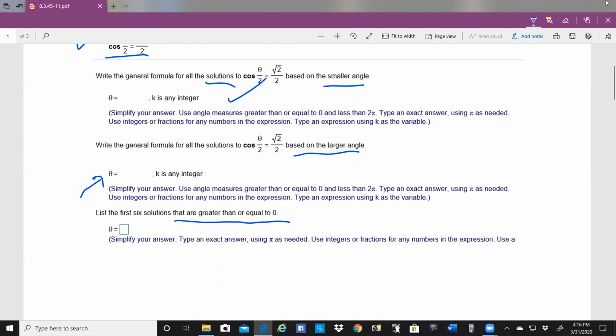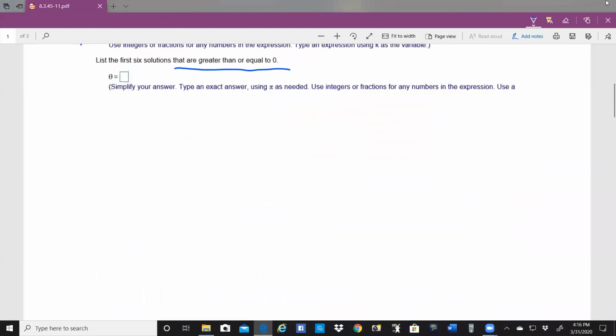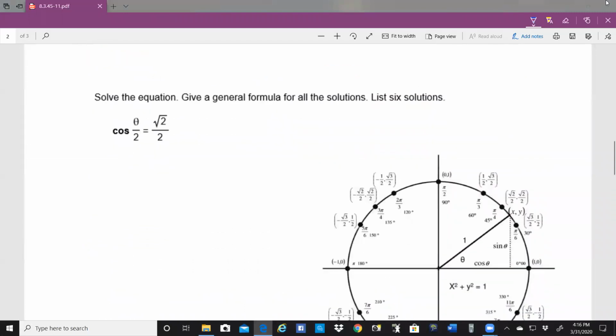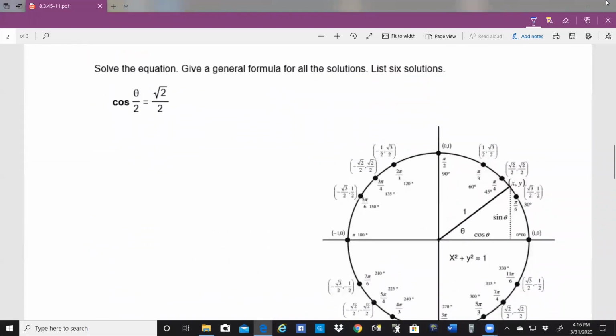So let's start out, and I'm going to go to the next page, and we're going to start working the problem. We want to solve the equation cosine of theta over 2 equals the square root of 2 over 2. Well, we need to look at our unit circle and find out for what angles the cosine of that angle equals the square root of 2 over 2.